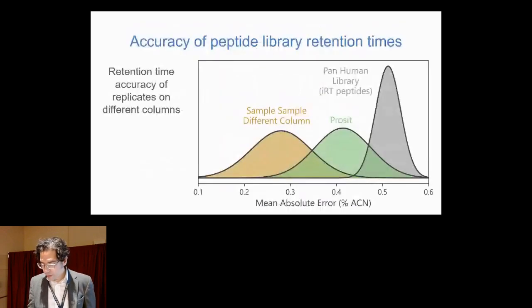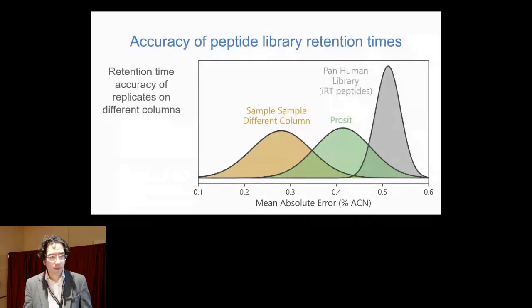So that said, we have a little bit of headway here, where if we monitor retention times that have been crudely aggregated using IRT peptides, or a handful of like 10 peptides to align a bunch of runs, Prosit predictions do a bit better than those crude retention time alignment methods.